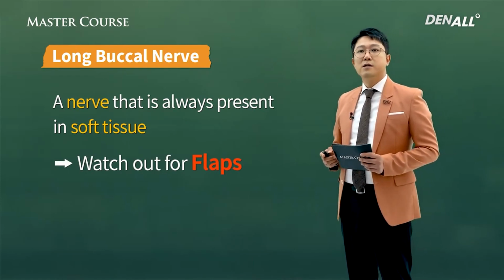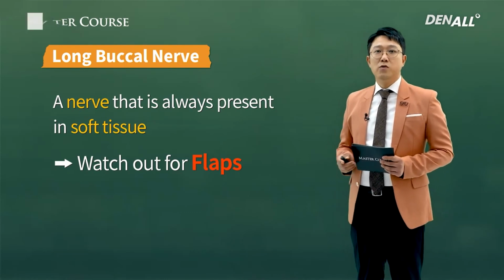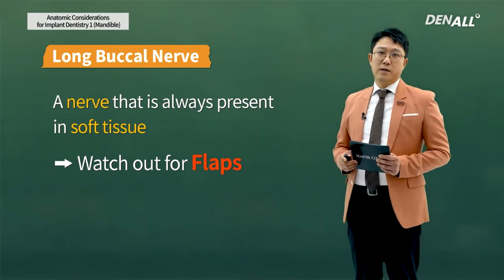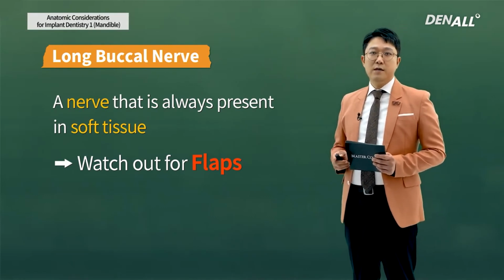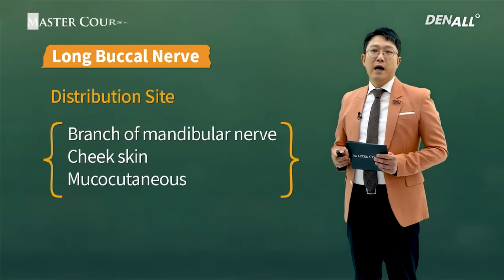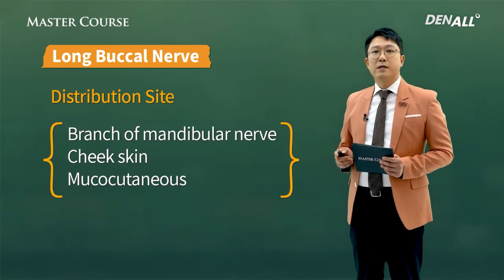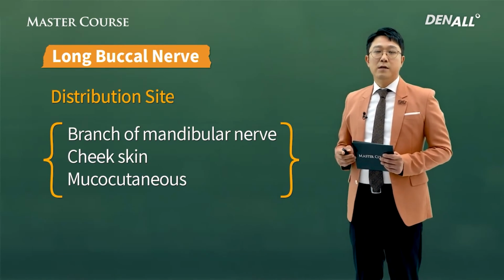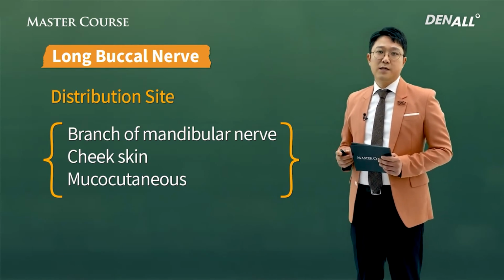The lingual nerve is found to be injured more often than the mental nerve, according to some reports, so you need to be very careful. The long buccal nerve is the buccal branch of the mandibular nerve, and it controls the sensation for cheek, skin, and mucosa. To make a flap in the buccal mucosa, anesthesia is used for this nerve.